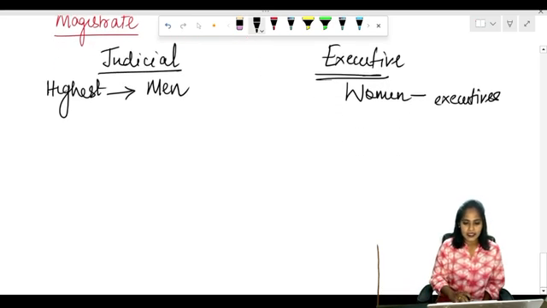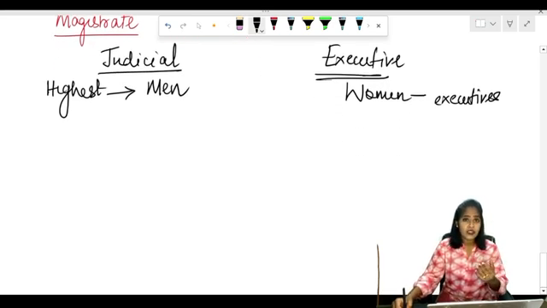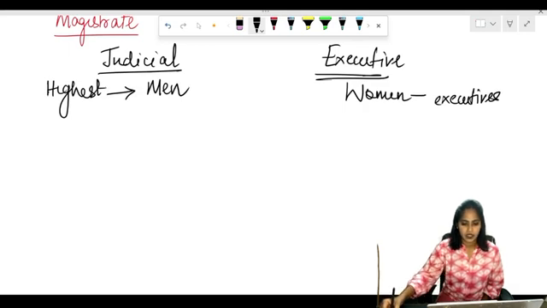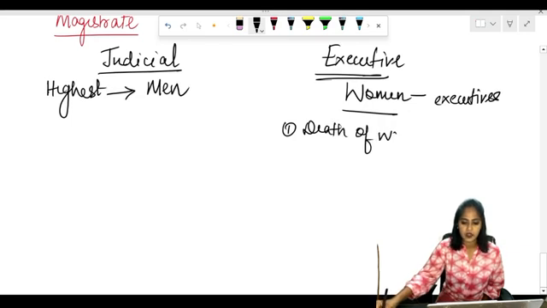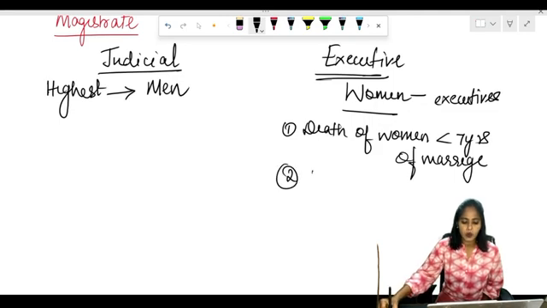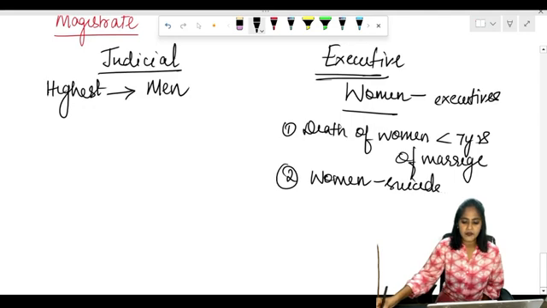Now first we'll see the executives. I told you police inquest will be done in certain cases. So in which cases will a magistrate inquest be done? Related to women: death of a woman within 7 years of marriage, and a woman committing suicide less than 7 years after marriage.